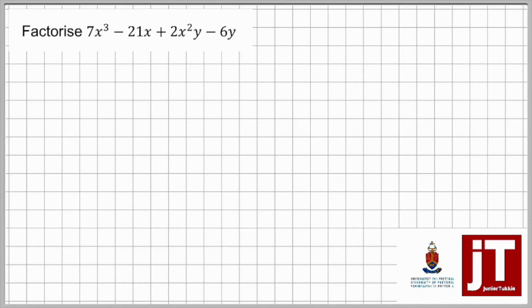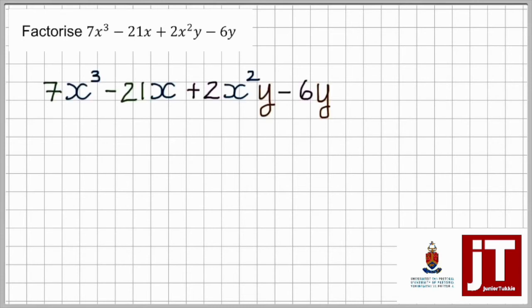This problem reads, factorize 7x to the power of 3 minus 21x plus 2x to the power of 2 y minus 6y. Whenever we factorize, grade 9s, we start off by looking for a highest common factor. But if you look at these four terms, you will find that there is no highest common factor that all four of these terms can be divided by.